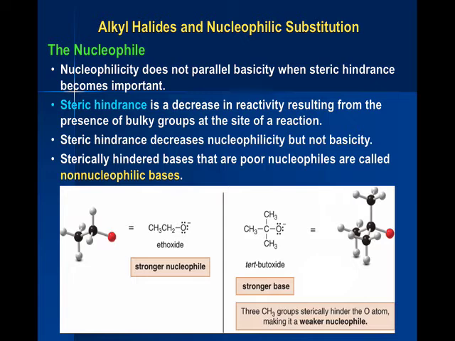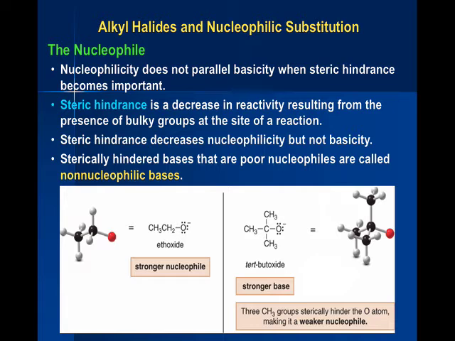This just has one carbon atom. So yes, there's some steric hindrance, but not like this one. This chemistry will occur. This chemistry will not. So the more stuff you put around your nucleophile, the worse the nucleophile is going to be.